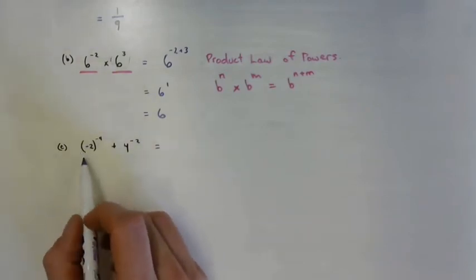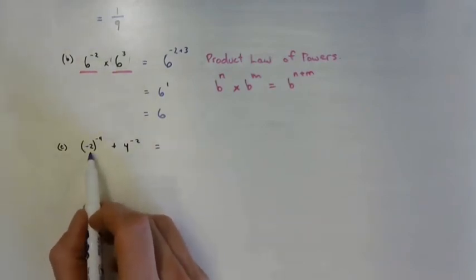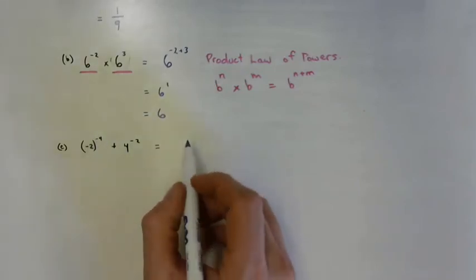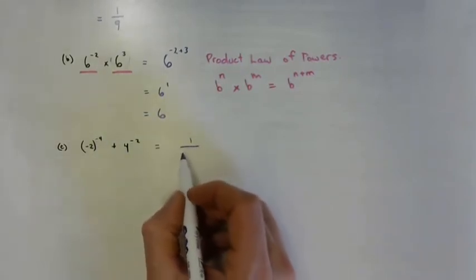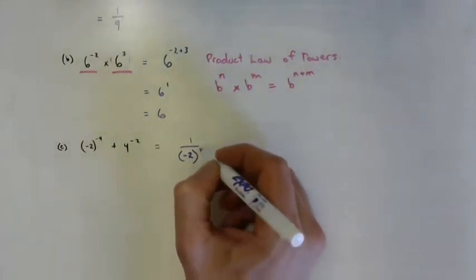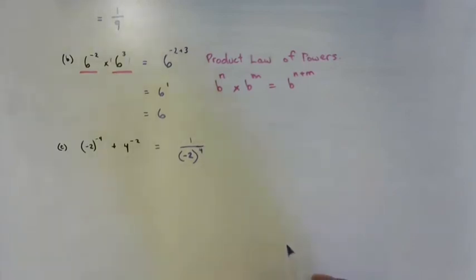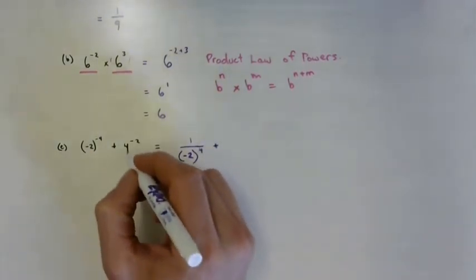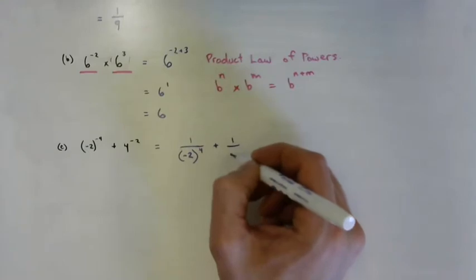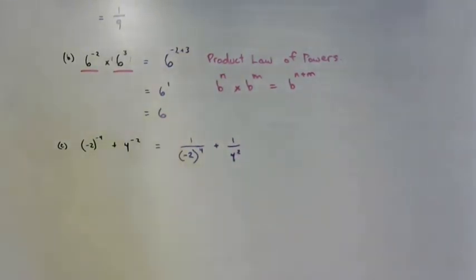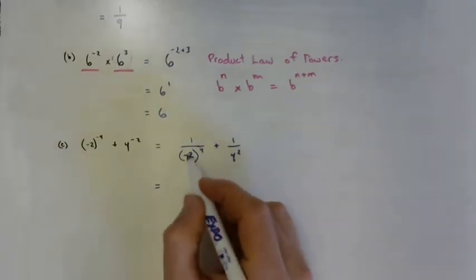So here the base is -2 and the power is -4. So we have 1 over -2 to the power of +4. Our second term was 4 to the power of -2. That's now going to be 1 over 4 to the power of 2. We can work with these still independently.